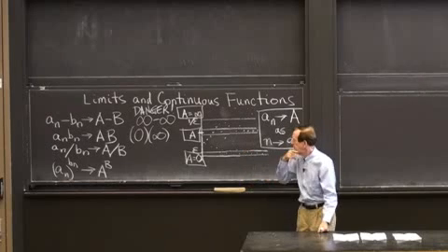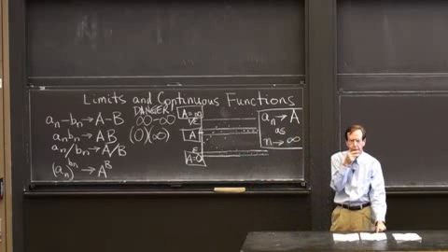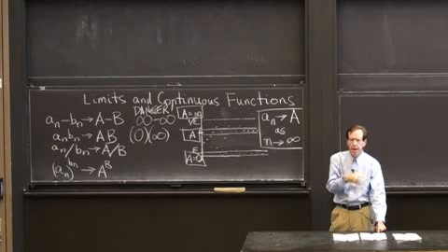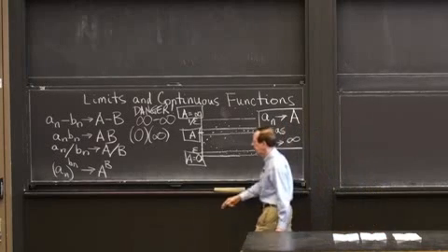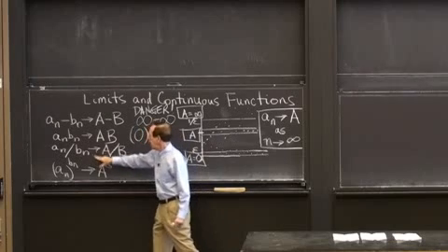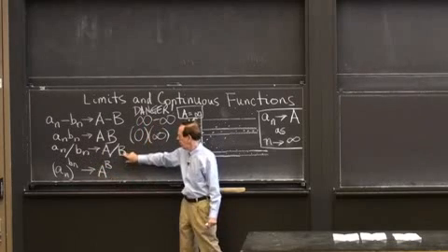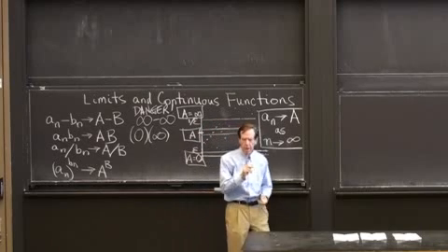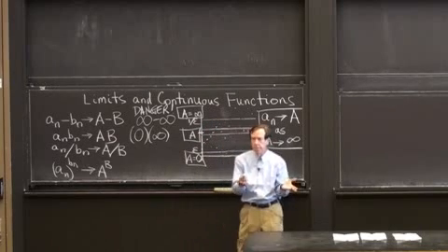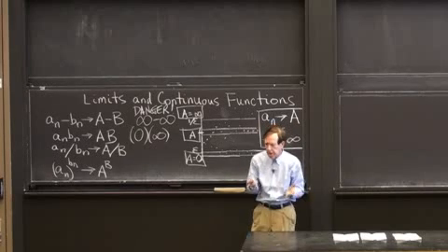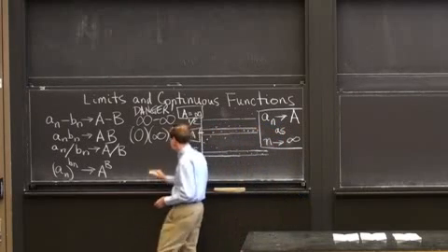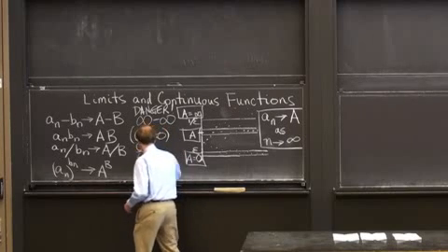Okay, what about number 3? The danger increases as soon as we start dividing. I made the b's positive, but I don't know if capital B is positive. So the danger, and in fact the most important case for calculus, is 0 over 0.